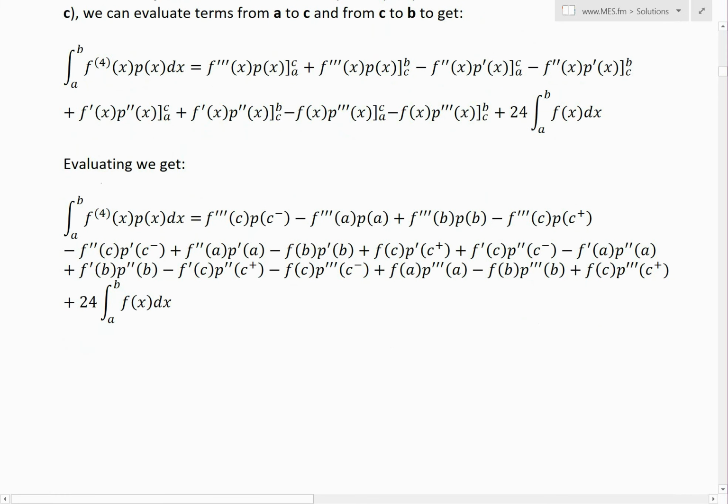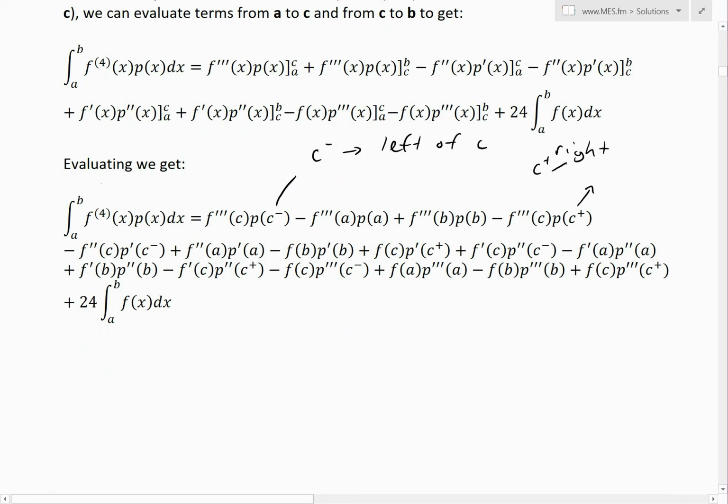So we evaluate it, and notice here the c minus, this just means from the left side of c, or the midpoint, and this c plus is from the right side of c.